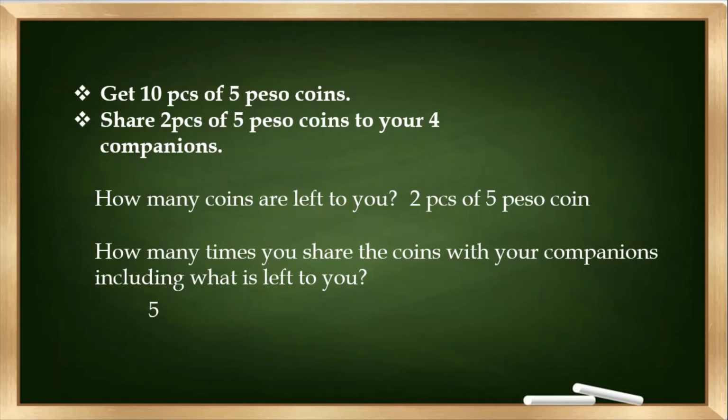Okay? Dahil 5 kayong lahat sa isang grupo and then tig-2 ang bigay mo sa bawat isa sa kanila. So, ibig sabihin, you are able to share your coins, okay, into 5 equally. Kasama ka na doon. Alright?